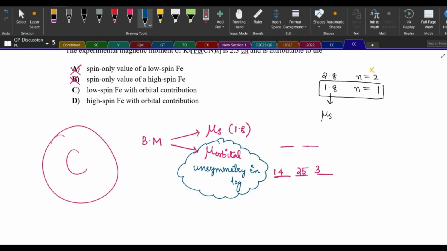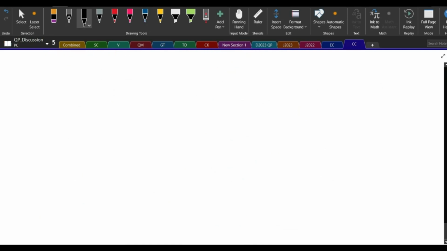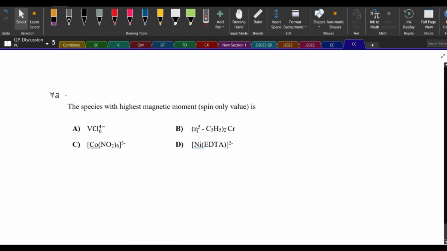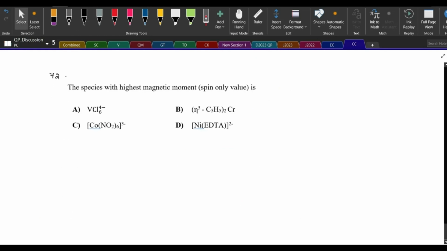Next question. The species with the highest magnetic moment, spin only value, they have specifically mentioned, is... So when spin only is mentioned, it means you have to consider only the number of unpaired electrons.